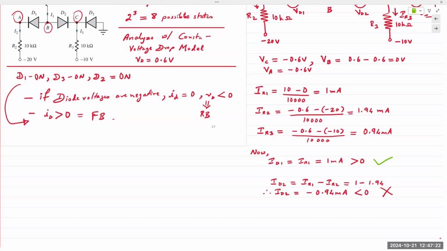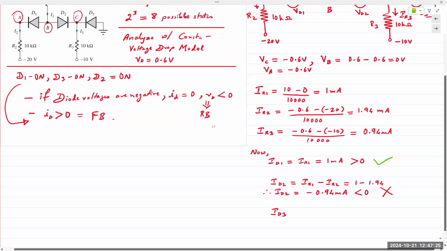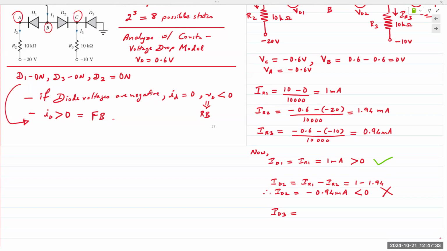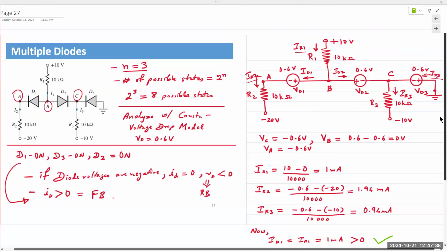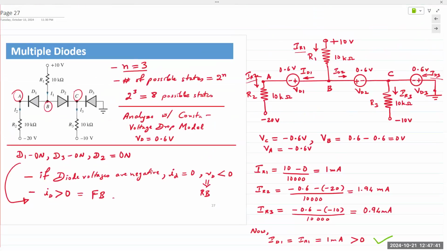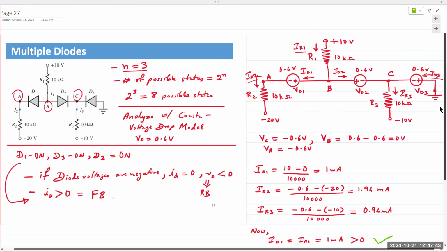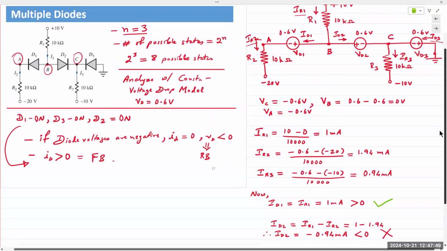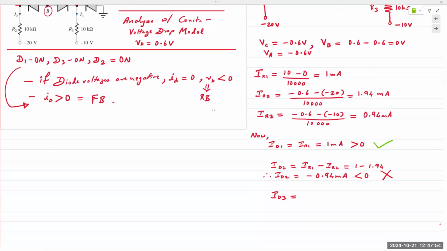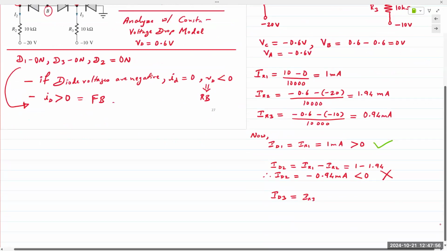But let's finish up with ID3. ID3 coming in, plus ID2, is equal to IR3. And so ID3 is IR3 minus ID2.